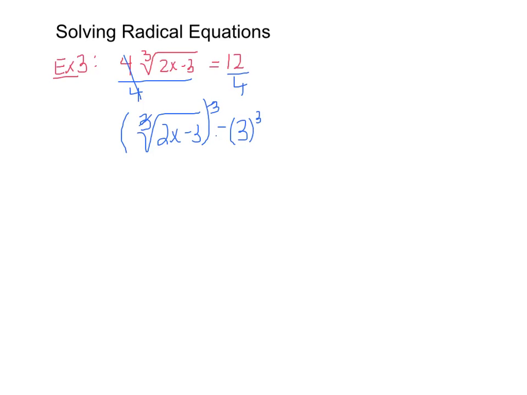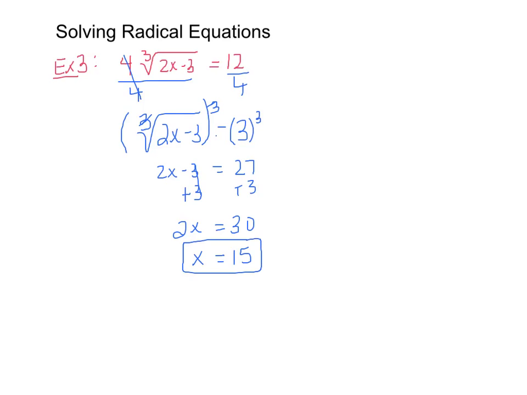So that cancels, and we have 2x minus 3 equals 3 to the 3rd power, which is 27. Then we're going to solve for x. We're going to add 3, and then 2x equals 30, and divide by 2, x equals 15. Okay? Again, you can check your answer by plugging it in for x to see if that is correct.